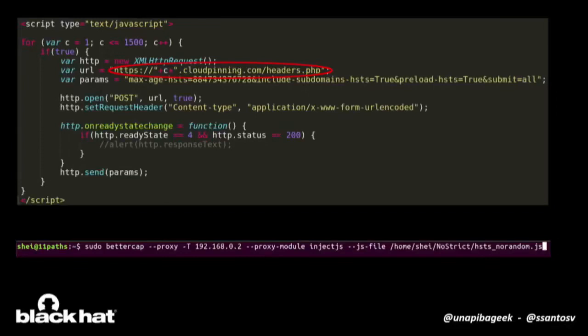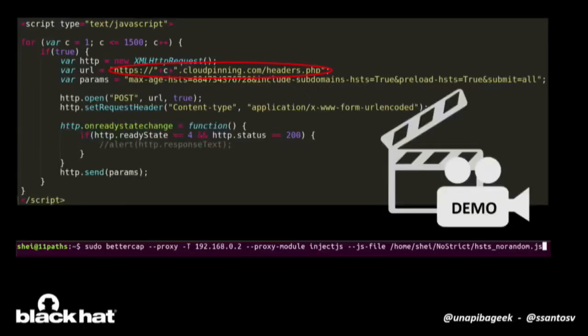As I said, we can use this JavaScript module together with Bettercap in a simple man-in-the-middle attack using the proxy module. We're going to see a video right now of visiting a website.